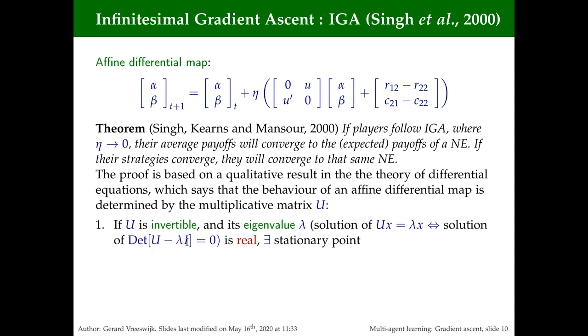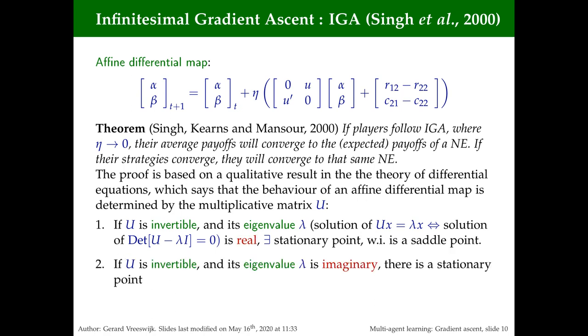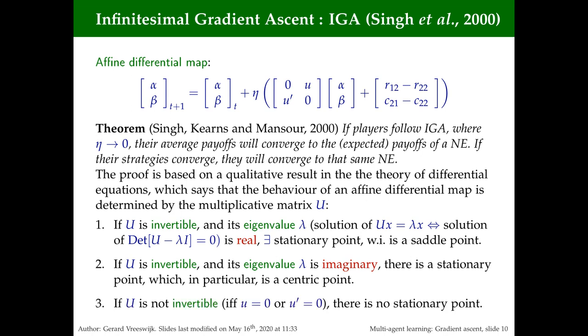If the solution lambda is real, then there is a stationary point, which is a saddle point. And if the eigenvalue is imaginary, because the solution of a quadratic equation, for example, lambda squared plus 16, then you only have imaginary solutions. Then there is also a stationary point, but that is a center point, not a saddle point.